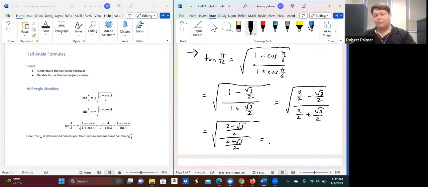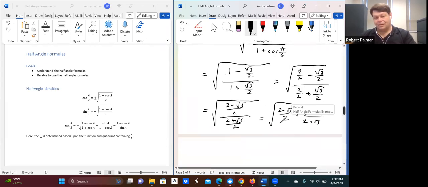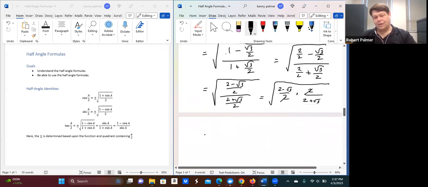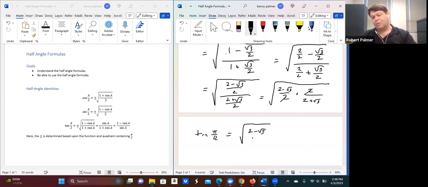Now multiply by the reciprocal of the denominator. So we have the same numerator, 2 minus the square root of 3 over 2, times 2 over 2 plus the square root of 3. The 2's cancel out. So we have the tangent of pi over 12 is equal to the square root of 2 minus the square root of 3 over 2 plus the square root of 3. And that's the exact value.